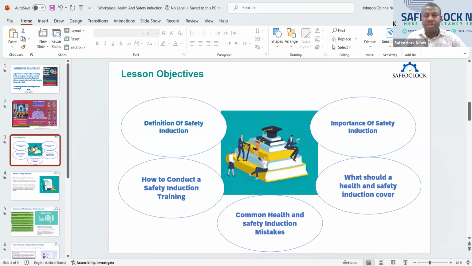Then I'll talk about how to conduct effective health and safety induction. I'll look at also what should be covered. What are the major things that should be covered in a health and safety induction? Then I will conclude with some common mistakes that we've witnessed when conducting health and safety induction. After that, we'll give room for others to share their experience.